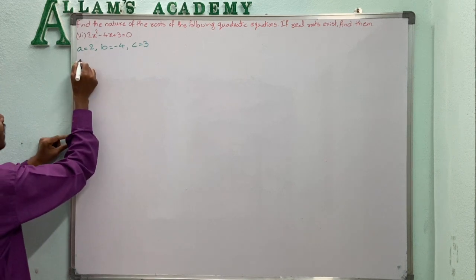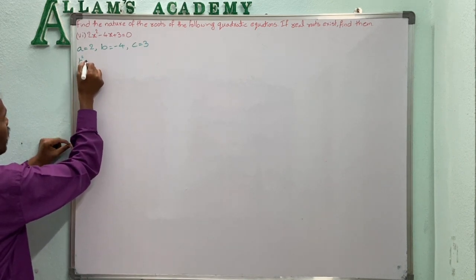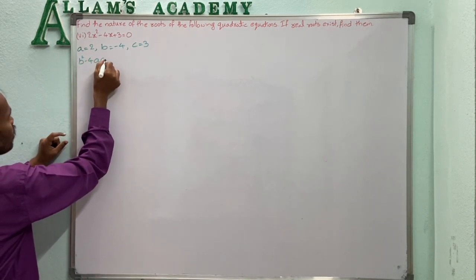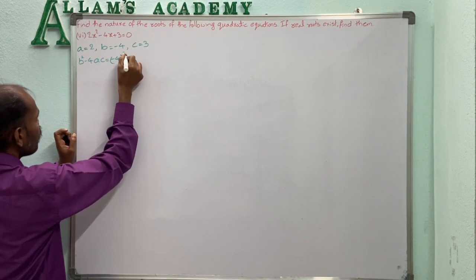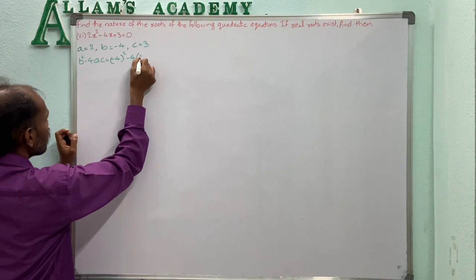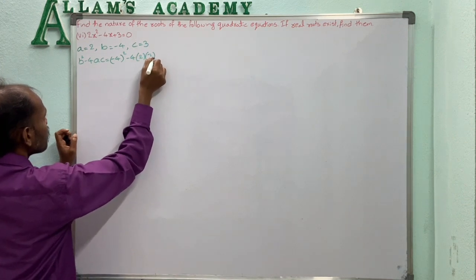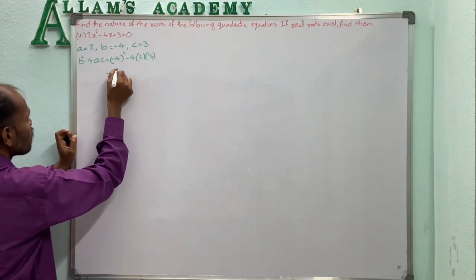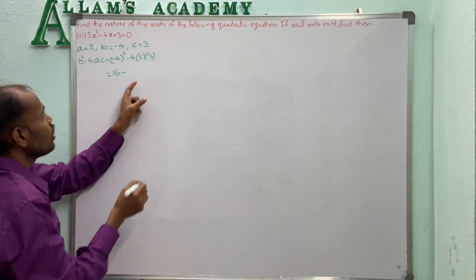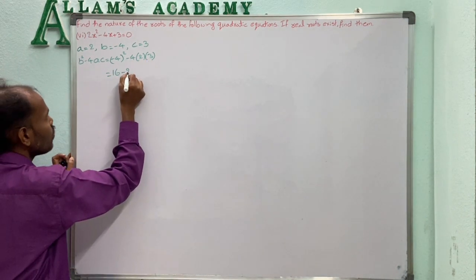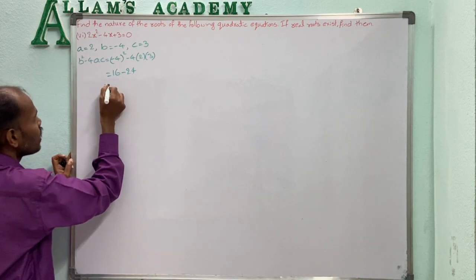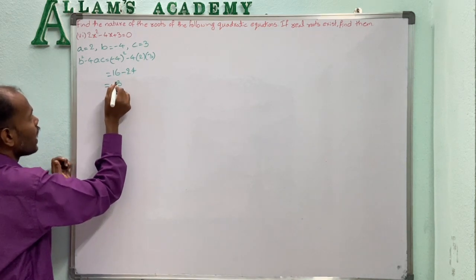Now finding the discriminant value b square minus 4ac, that equal to minus 4 whole square minus 4ac, 4 into a equal to 2 and c equal to 3. So minus 4 whole square equal to 16, minus 4 into 2 is 8, 8 into 3 is 24. So 16 minus 24 is nothing but minus 8.